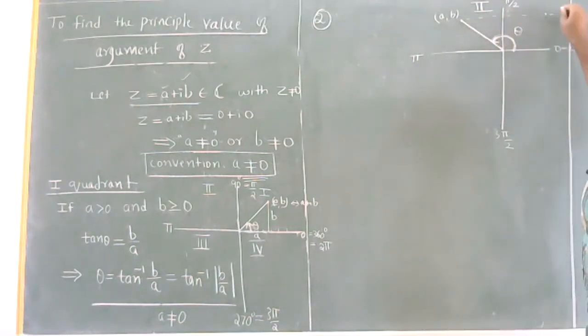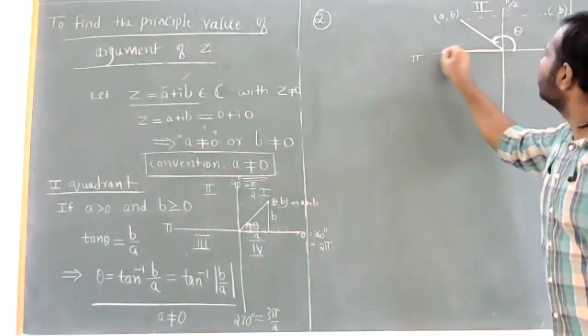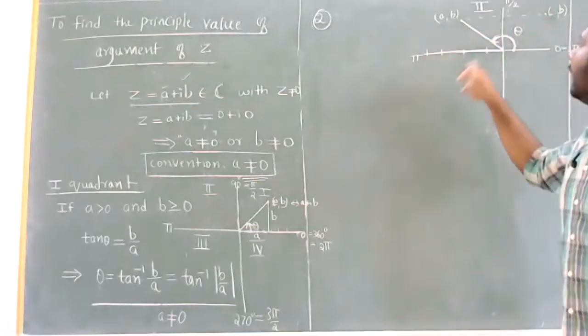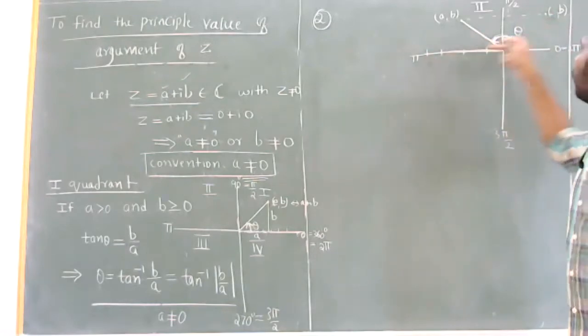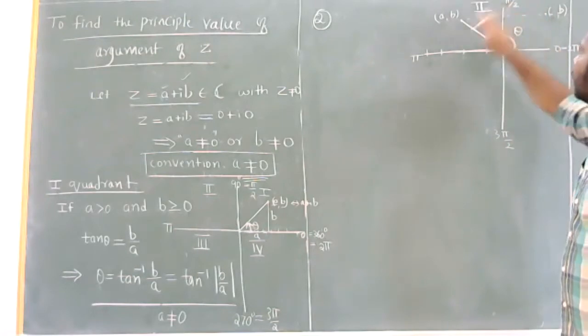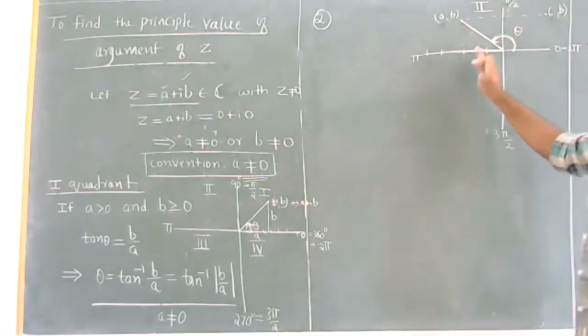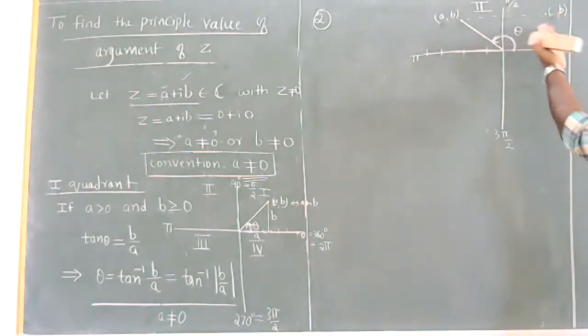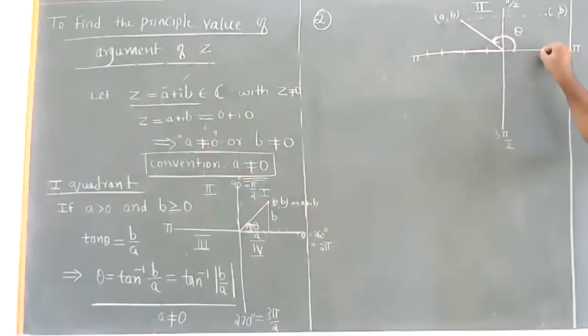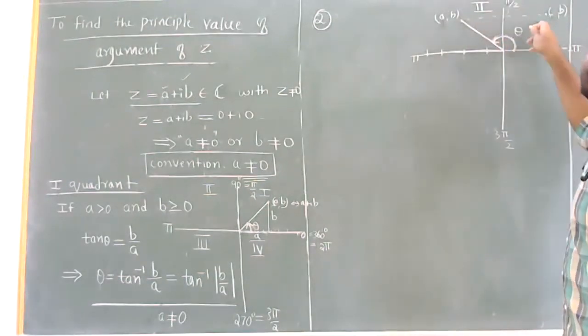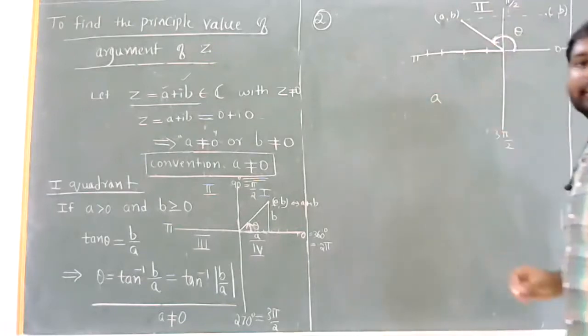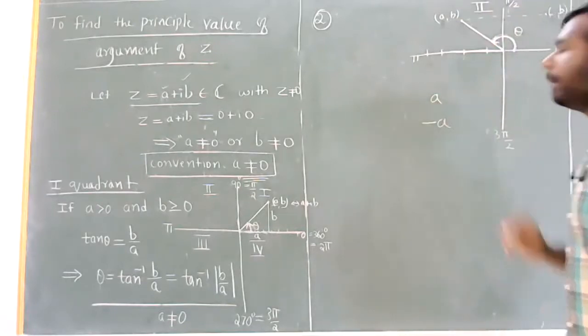The coordinate b will be the same, but the x coordinate will be positive. In the second quadrant, x values take negative values and y will be positive. So here a is actually negative. When it takes its mirror image, a will actually be positive. So this value has to be positive here.